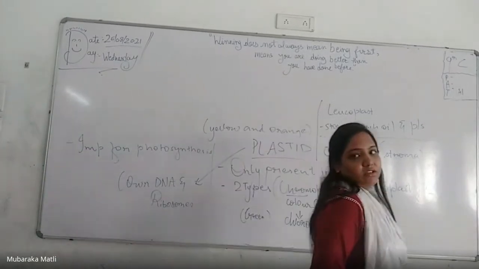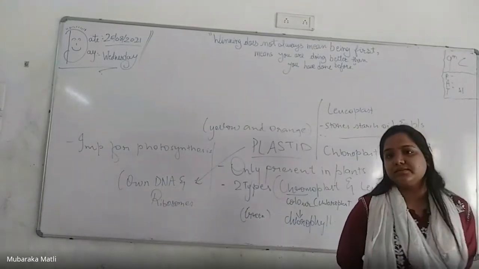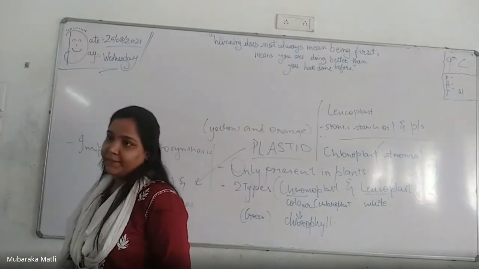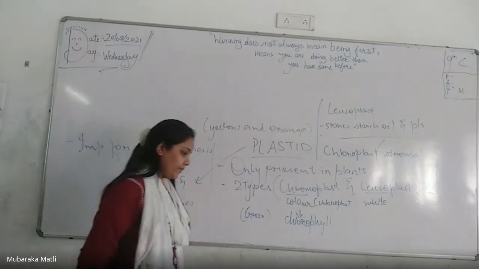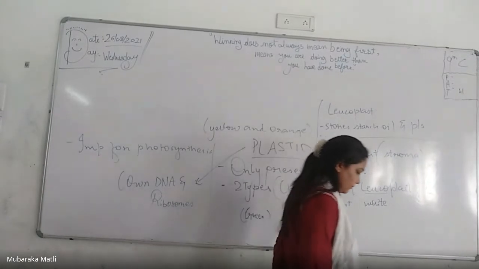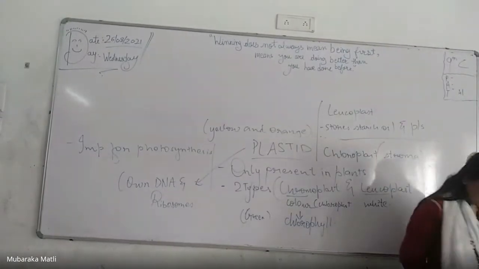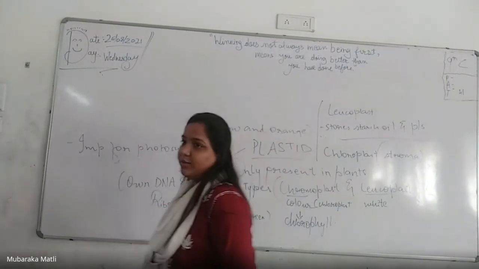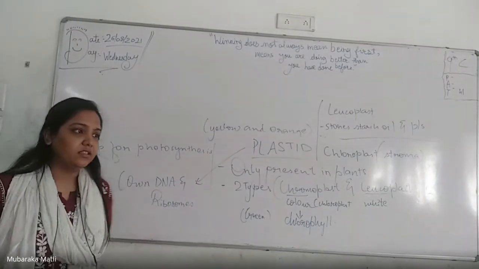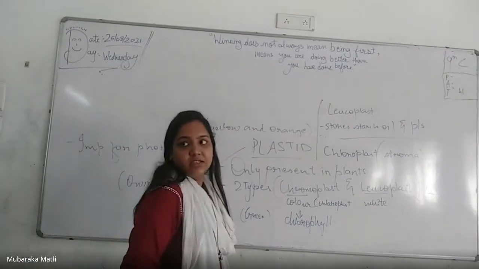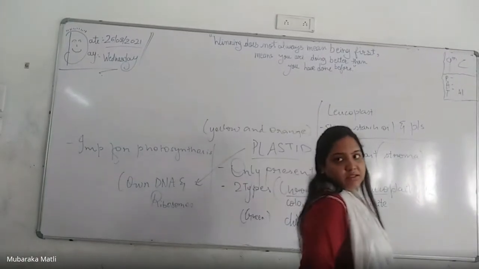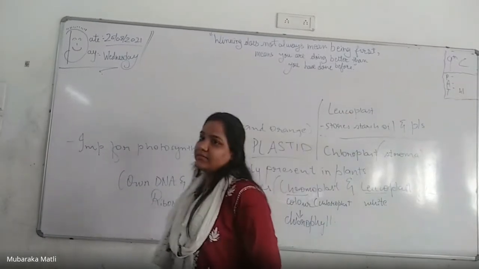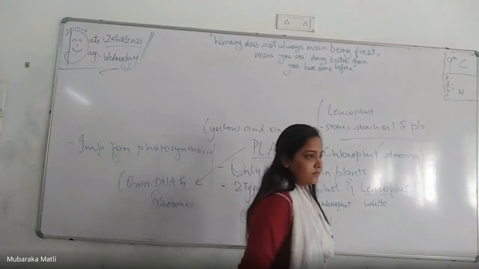Very good. Go ahead. In plastids, there are two types: chromoplast and leucoplast. Chromoplast is known as colored plastid. In most they are green and it is important for photosynthesis and also chlorophyll.